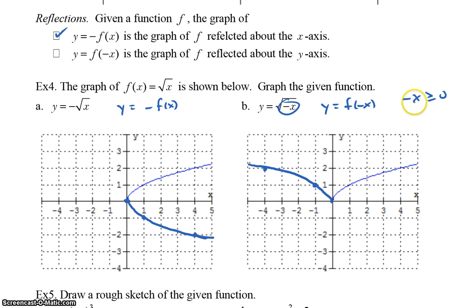If we divide both sides of this inequality by -1 to solve for x, it flips the direction of the inequality symbol to less than or equal to. And indeed, that is the domain of the reflected function given by y equals square root of minus x. The function is defined for x equal to 0 or x negative.